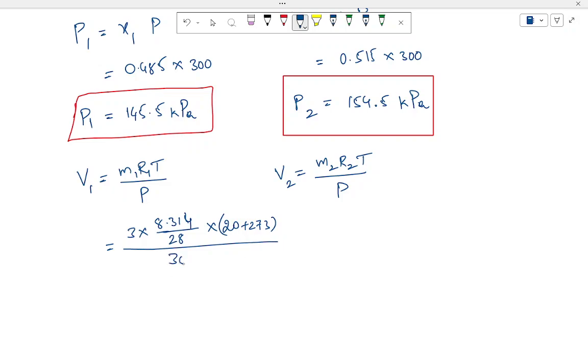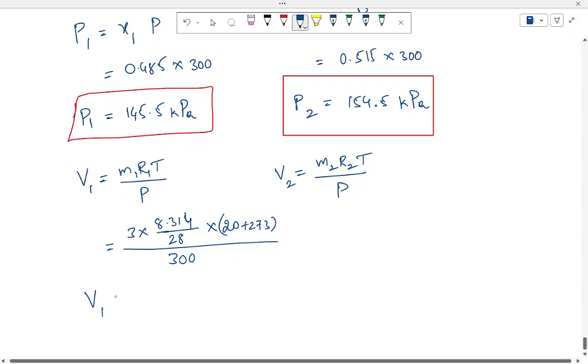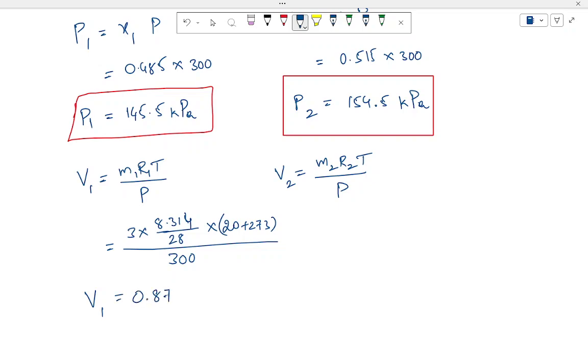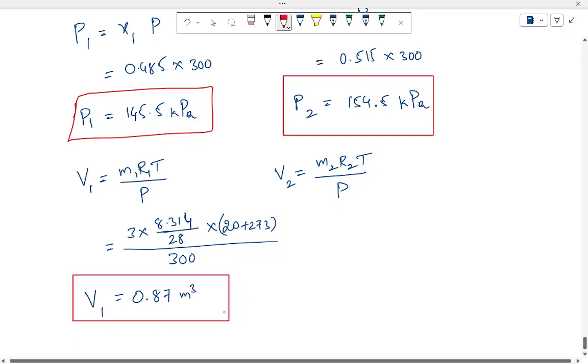The P value is 300 kilopascals given in the question. So that will give me the V1 value of 0.87 meter cube. That will be my V1 value for the nitrogen.